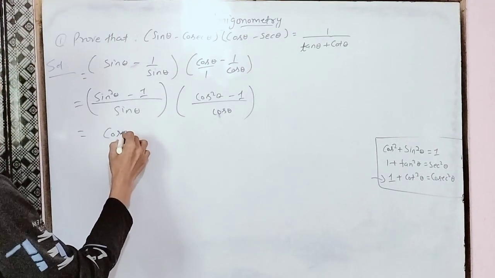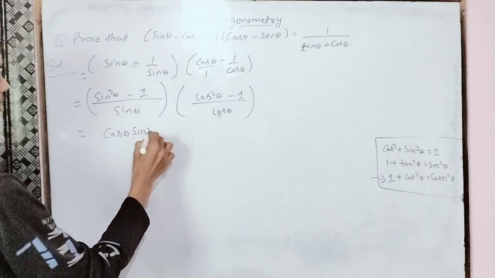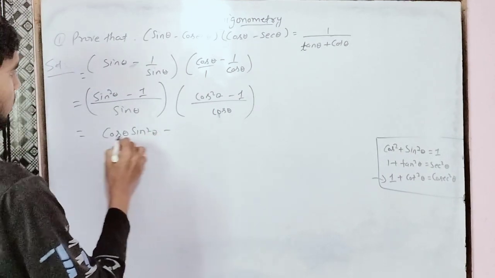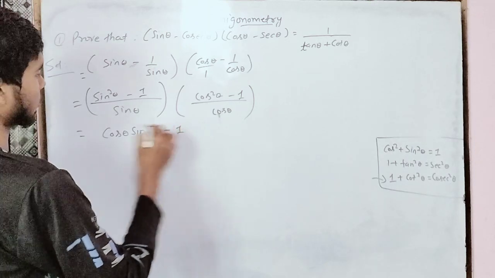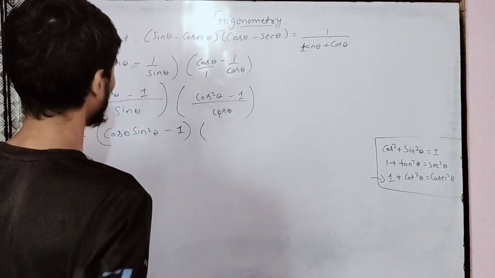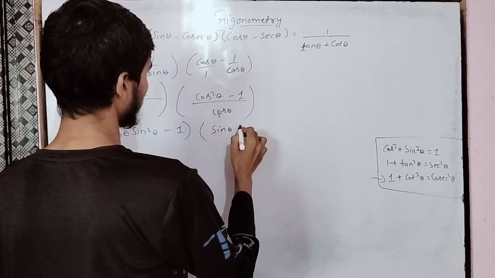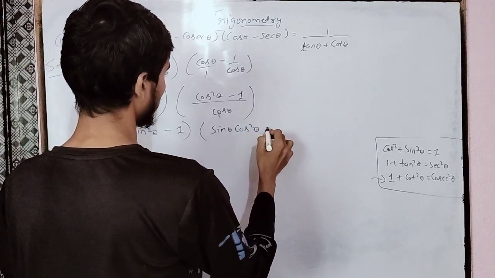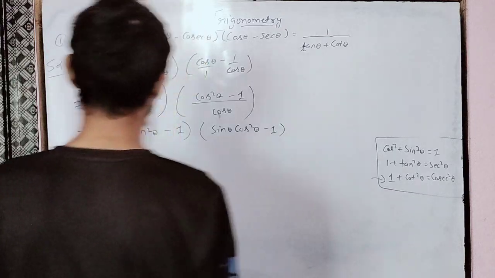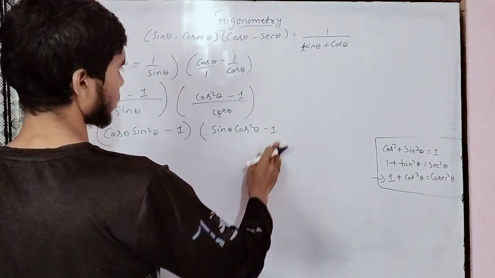Cos theta into sin square theta minus 1, sin theta into cos square theta minus 1. Clear? Minus 1.